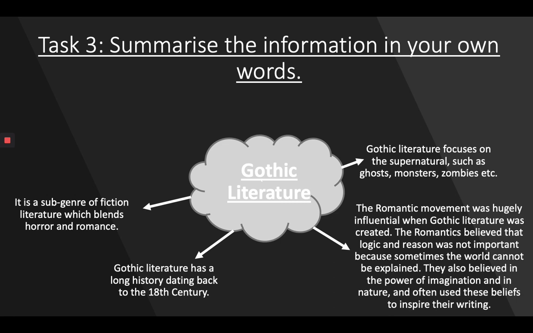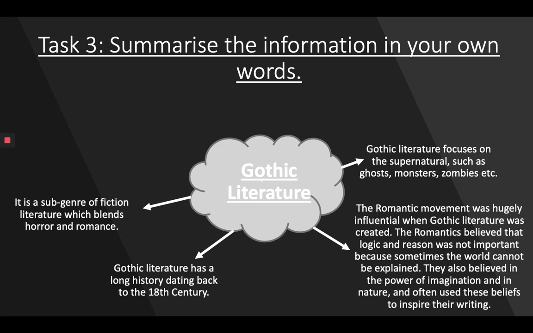Now, there's a lot of history behind this, and it's sort of formed because of a clash between things that were happening at the time and people's beliefs. So during the formation of sort of Gothic books, there was something called the Romantic movement, which was a movement in literature sort of about nature and the imagination and sort of the rejection of logic and things that make sense.